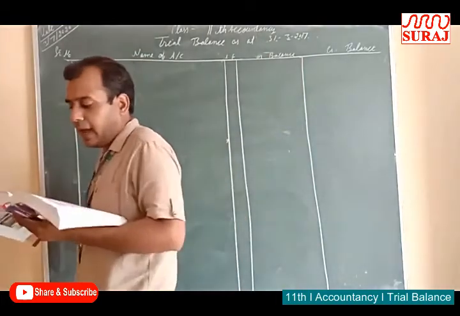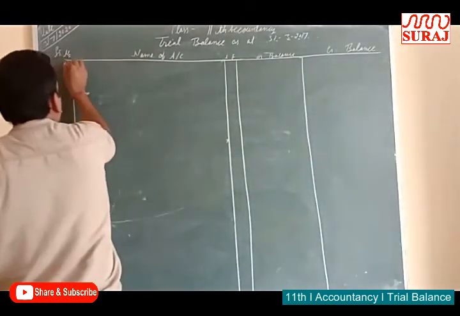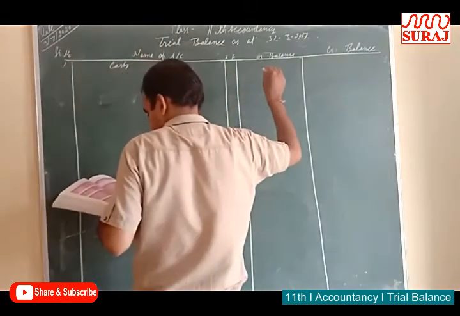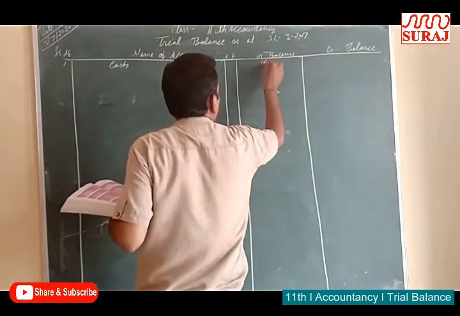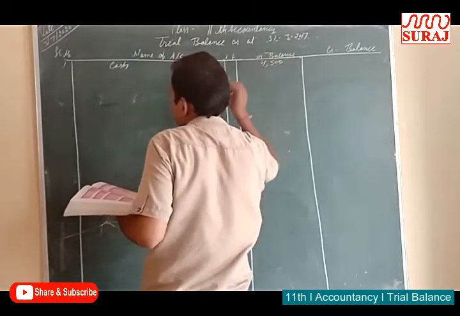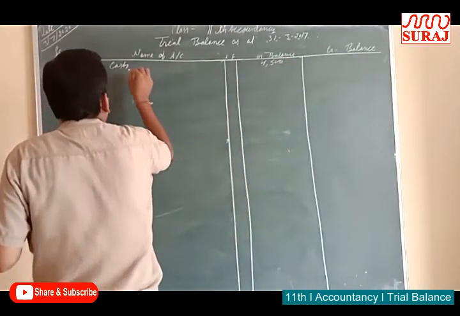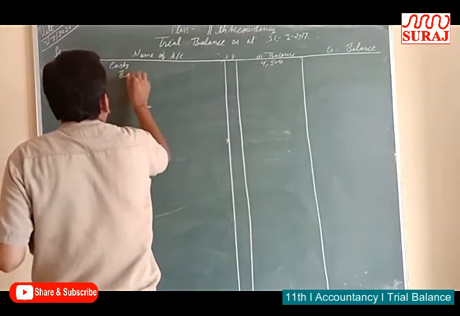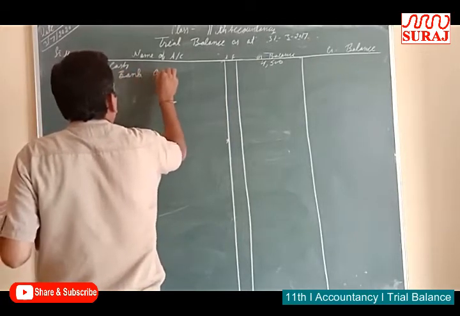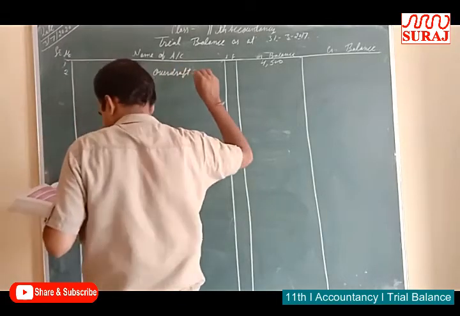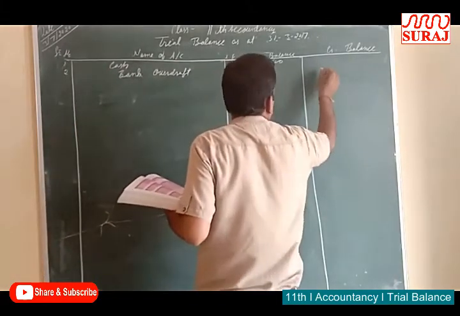First, cash. Cash is an asset, and assets have debit balance: 4,500. Next, bank overdraft, a liability, and liabilities have credit balance: 8,000.